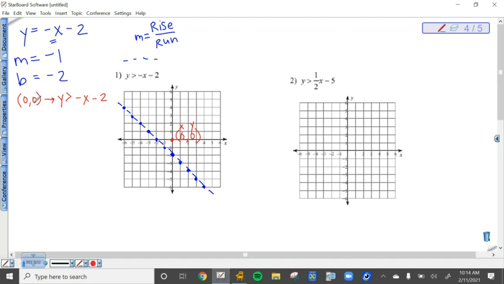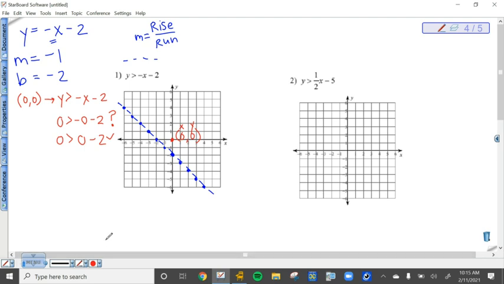Okay, so I plug in 0 for y, that would give me 0 greater than -0 minus 2. And again, I'm checking to see, is that true? 0 is greater than -0, which is just the same thing as 0. Is 0 greater than 0 minus 2? Yeah, that is true. Okay.